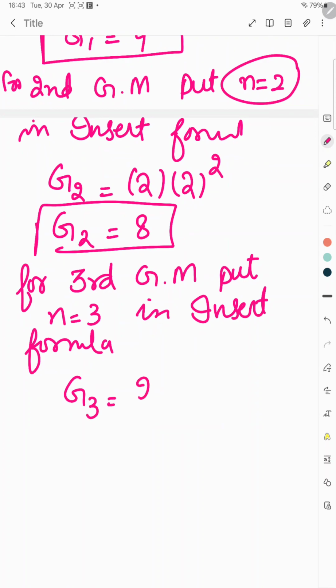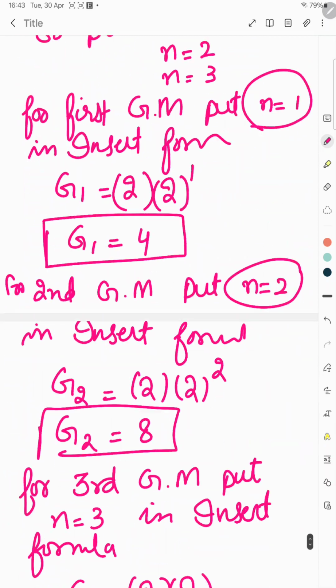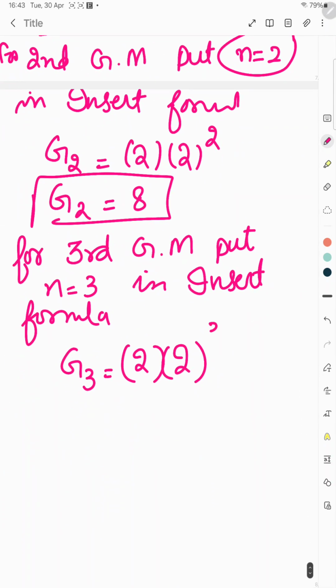I will put the value of A1, I will put the value of R, and I will put the value of n, which is equal to 3. So when I solve it, I will get the answer, which is equal to 16.